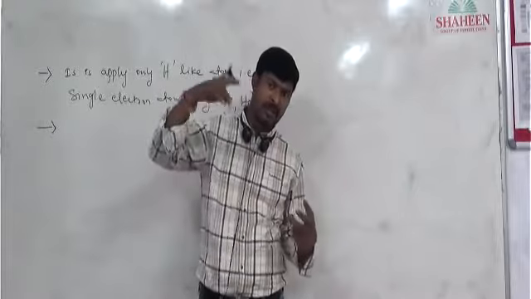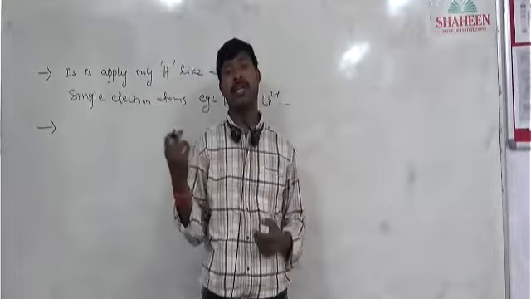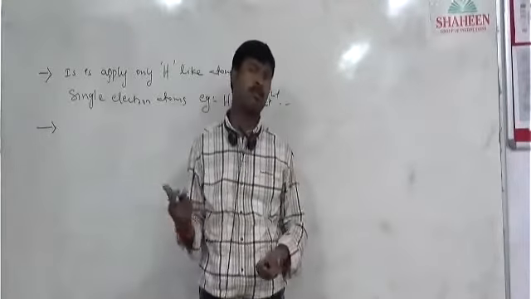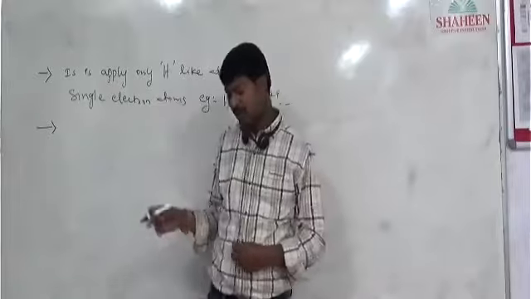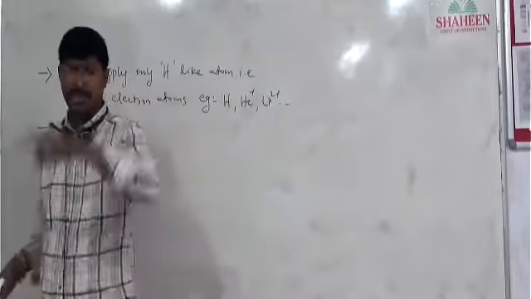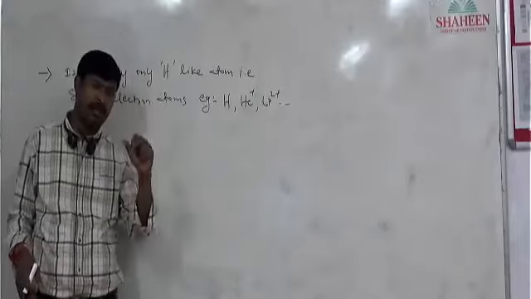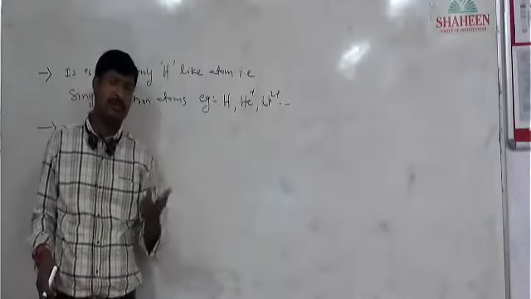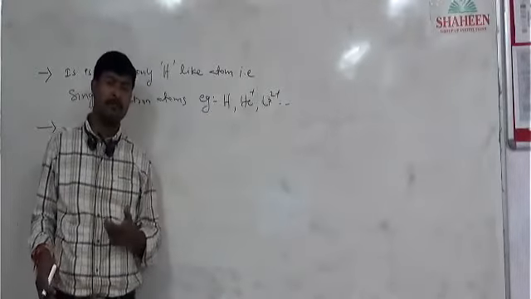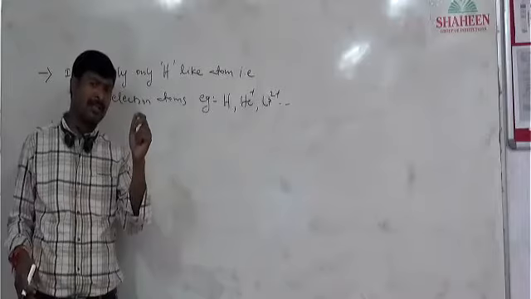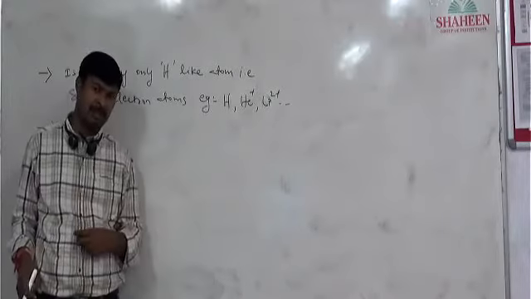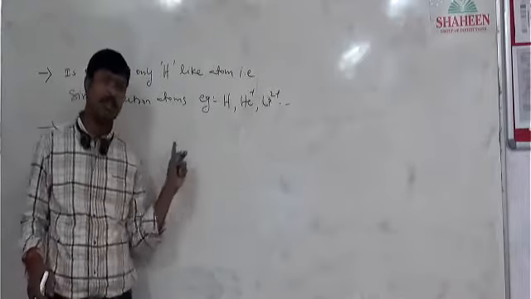Earth revolves around the sun, and it also rotates about its own axis. Similarly, Bohr said only that the electron revolves around the nucleus, and its own rotation is not considered.